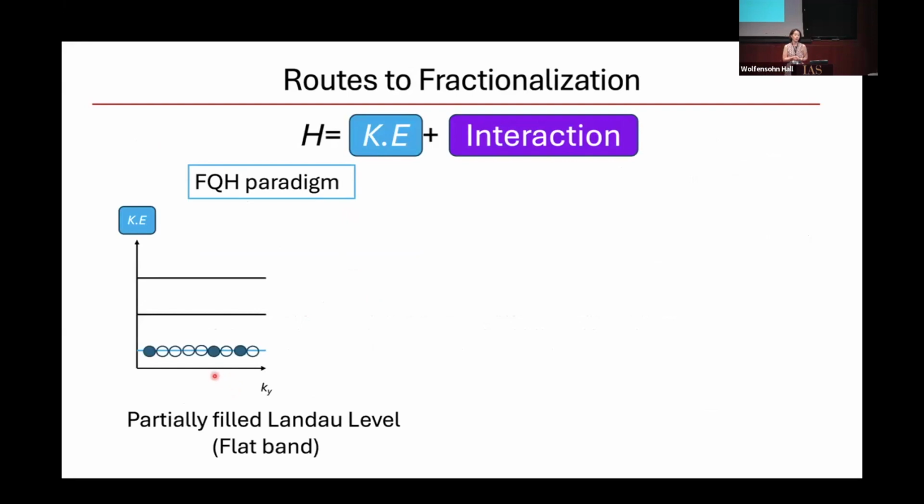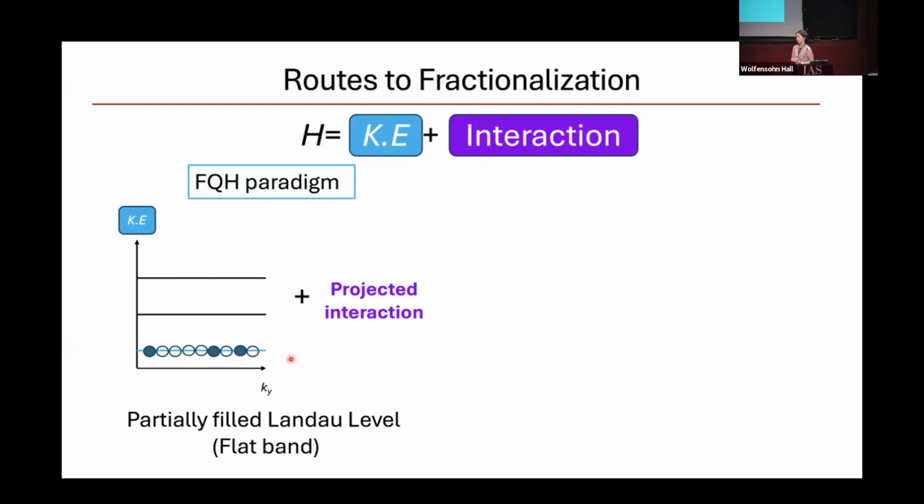You think about your electrons under magnetic field forming this flat Landau level, and then you ask what should happen if you fill it partially. Without interaction, you should have a gapless system because there are a lot of states that you can move around. Once you add interaction or project the interaction to the lowest Landau level, you can get the fractional quantum Hall effect. And this is a well-established paradigm which has been very successful.